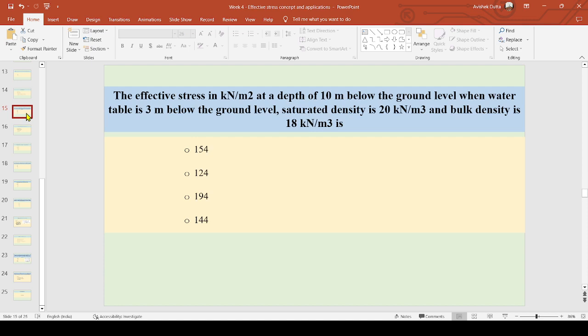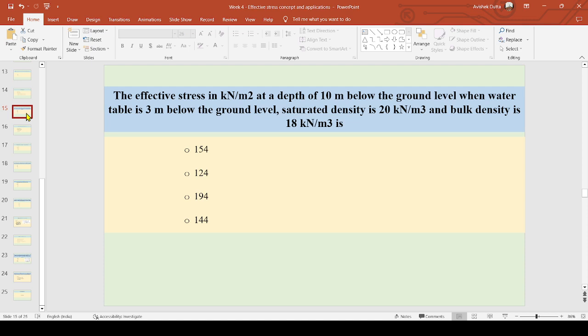The effective stress in kilonewton per meter square at a depth of 10 meter below the ground level when water table is 3 meter below the ground level, saturated density is 20 kilonewton per meter cube, that is saturated unit weight, and bulk density or bulk unit weight is 18 kilonewton per meter cube.